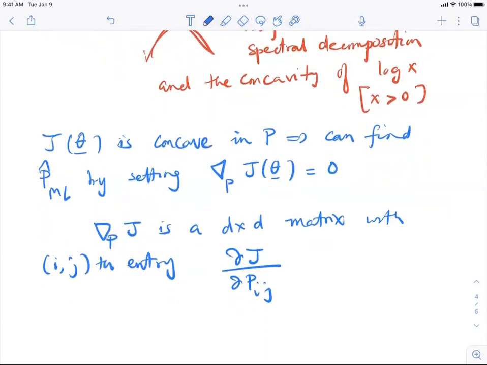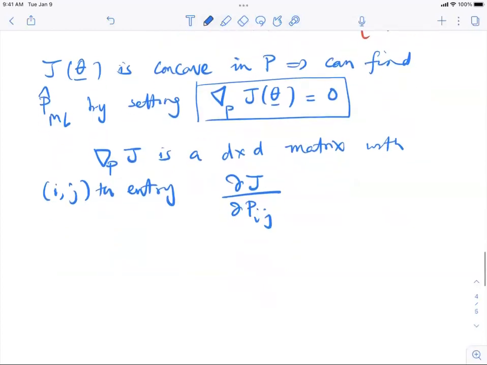And so setting this gradient to 0 just means that the partial derivatives of the utility function with respect to each of the entries of the matrix are 0 at the ML estimate of P. That's basically what we are saying.